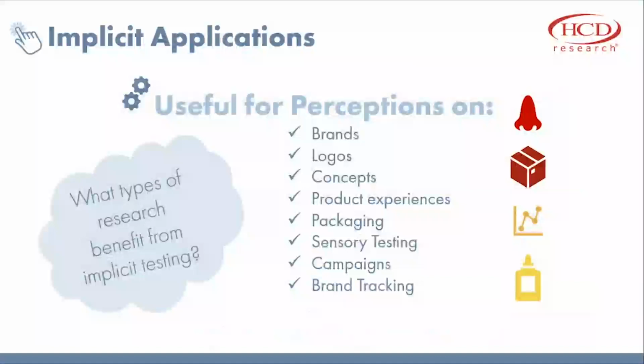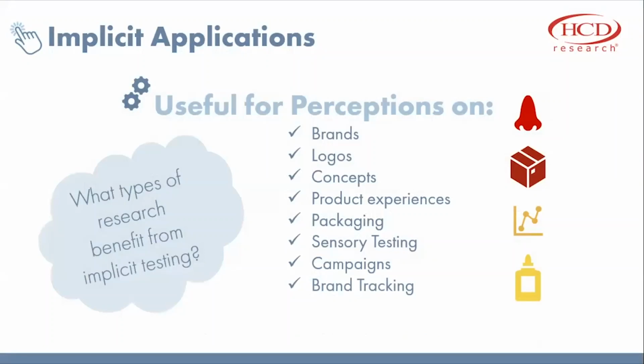So where can we do this when we're thinking about consumer research or market research? Kind of all over the place, right? What types of research benefit from this sort of approach? We use it across the board. You can use it with brands, looking at associations and perceptions people might have about a brand. Is this brand trustworthy, for example? You can use it on logo testing.